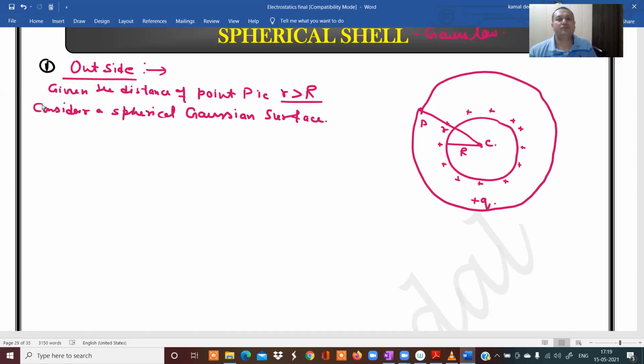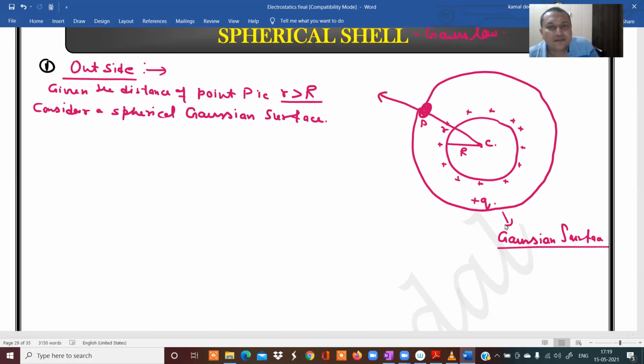This is a spherical Gaussian surface. Now you will consider an area vector over here.